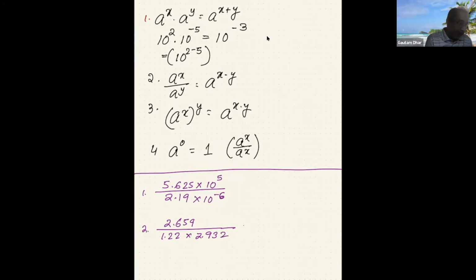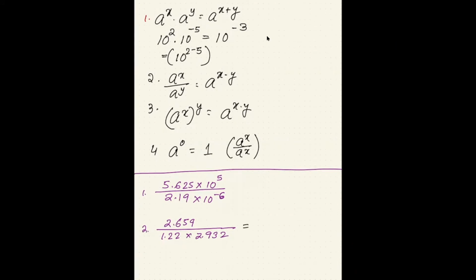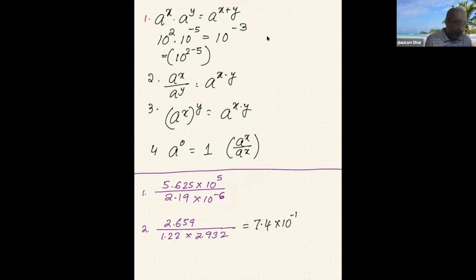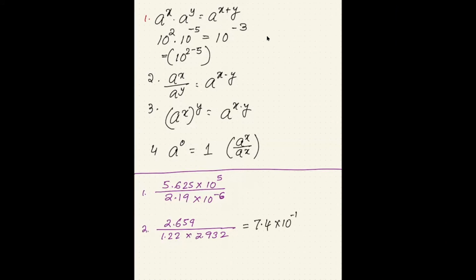What did you say? Your answer is 7.4 times 10 to the power minus 1. Why 7.4? I multiplied the bottom numbers and then I divided and I got 0.74335205.